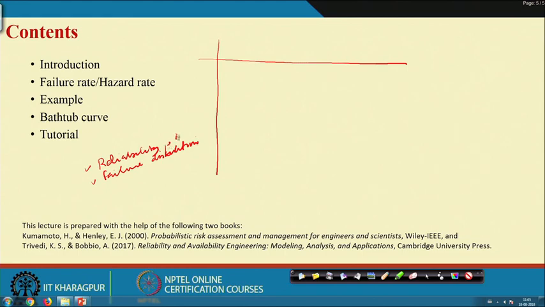We defined reliability as R(t), failure distribution as F(t), and then we went to the probability density function, which we defined as small f(t), where t is the time to failure.